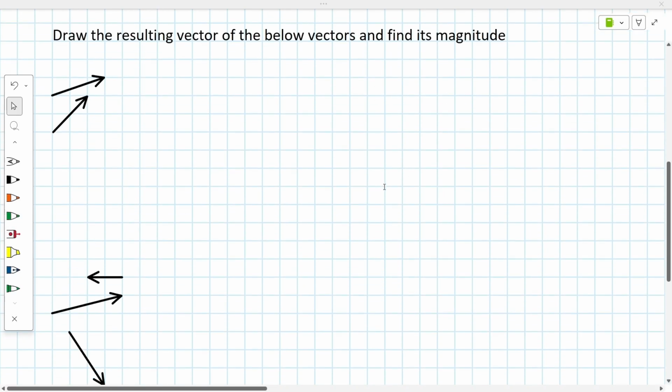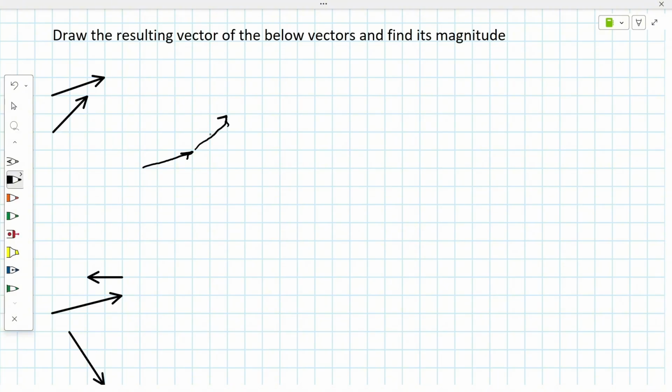Alright, so the first example here, we have these two vectors and we need to add them. What we can do is start by drawing the first vector. We'll do these graphically first and then also show how we can do it algebraically. So we see that it goes up 1 and over to the right 3. And then the second vector goes up 2 and over 2.